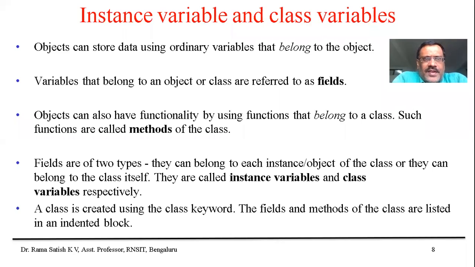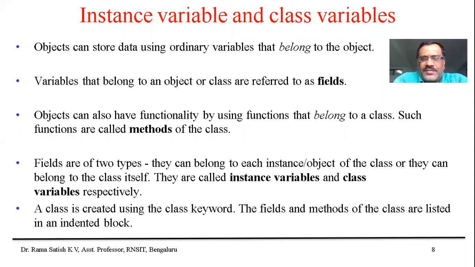Normally the data in the object or class is called a field, and the functions that belong to the class are called methods. And the fields are of two types. One is instance variables, another one is class variables.